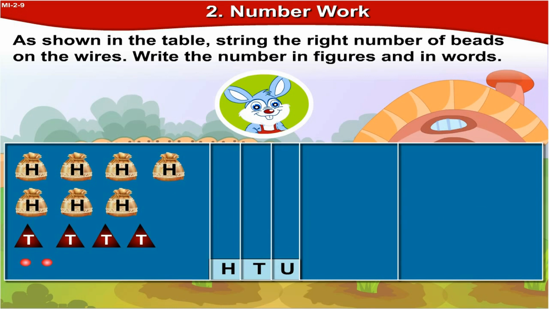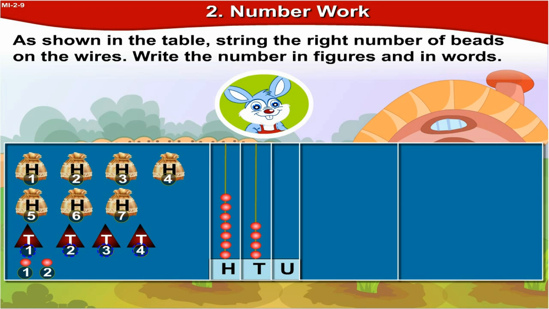Now let us see the next picture. Let us count the hundreds first. 1, 2, 3, 4, 5, 6, 7. 7 hundreds. Tens. 1, 2, 3, 4. 4 tens and 1, 2, 2 extra beads, that is 2 ones. So, at the hundreds wire, we will make 7 beads.